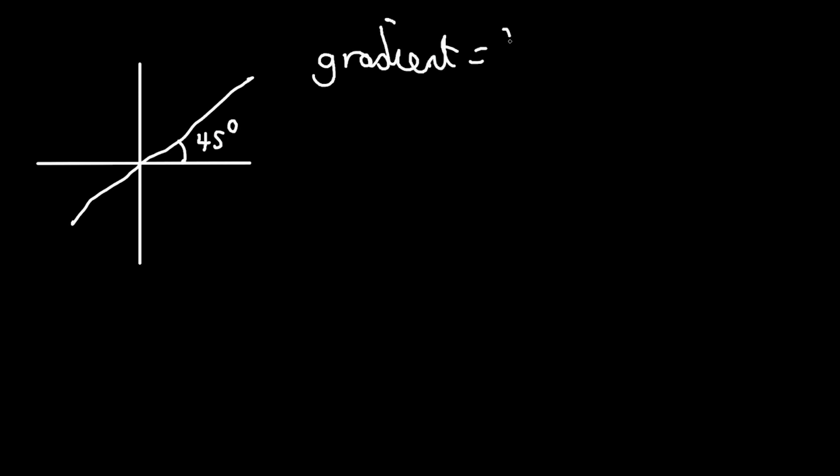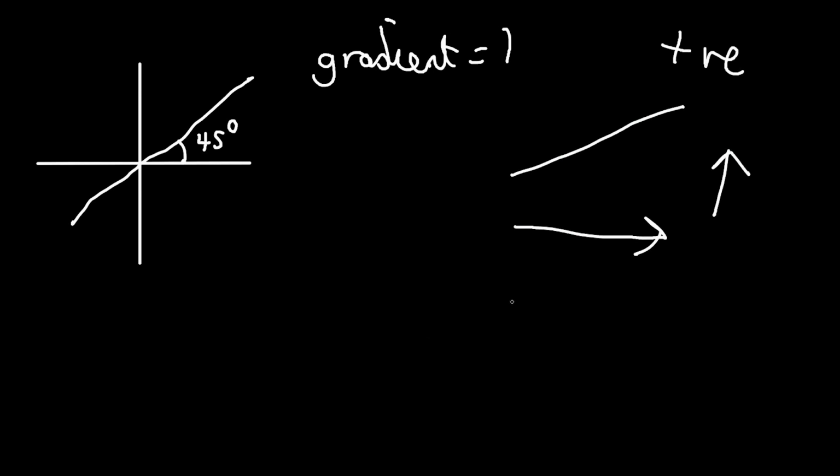If we consider this graph here, then we can say that any line at 45 degrees has a gradient of 1. Gradient equals 1. If we consider lines in general, if it slopes up from left to right, if it's going upwards, then it's a positive gradient.